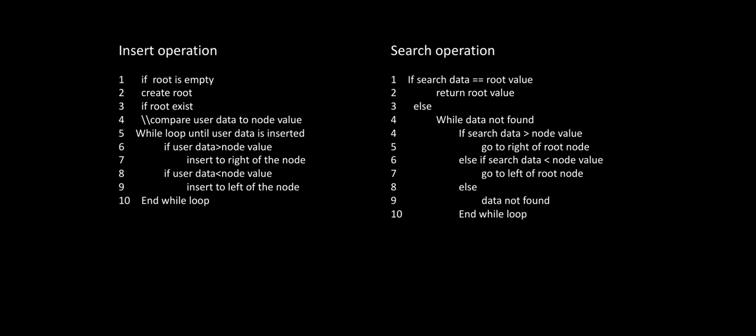Else if search data is less than node value, go to the left of the root node and search the value there. Else, data not found. If you search for something that doesn't exist, you can put a warning there, like data not found or error. And after that, the while loop will end.